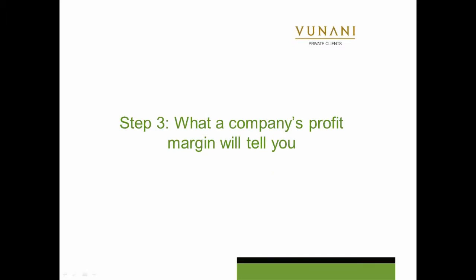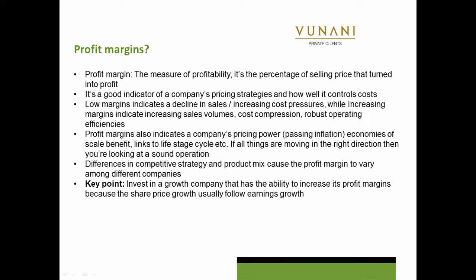Okay, step 3: what are the company's profit margins? This step 3 is very linked to step 2 because a profit margin is really a percentage of how much of those sales were turned into profit. Let's just go into it quickly. Again, this is a measure of profitability. It's the percentage of the selling price that turned into a profit.